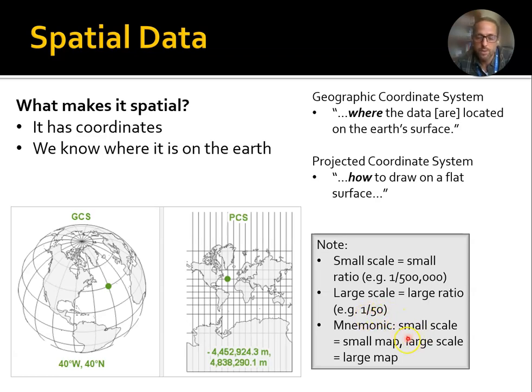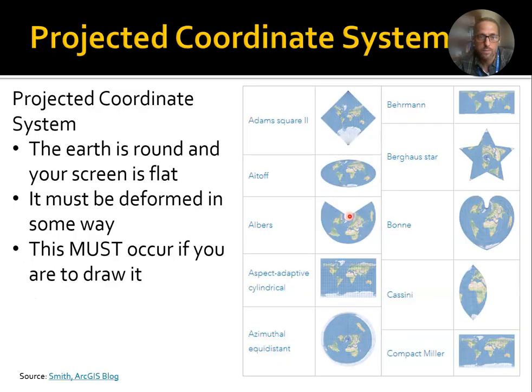The way I always remember this is, if you have a small scale map, you can represent a large area in a really small map, because 1 inch is like 500 inches, or however many feet that is. And a large scale would require a large map to display the same area. So however you remember it, just remember that small is a small ratio and large is a large ratio.